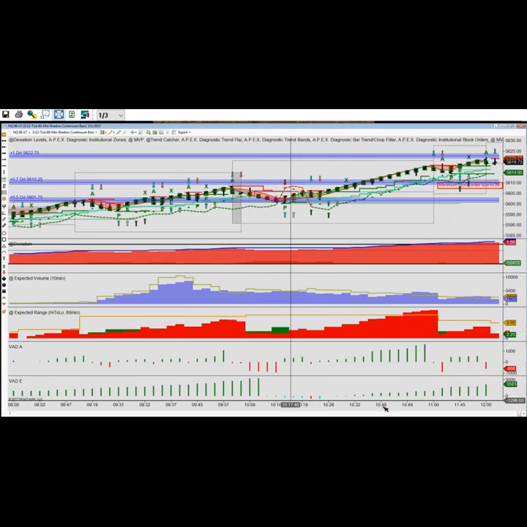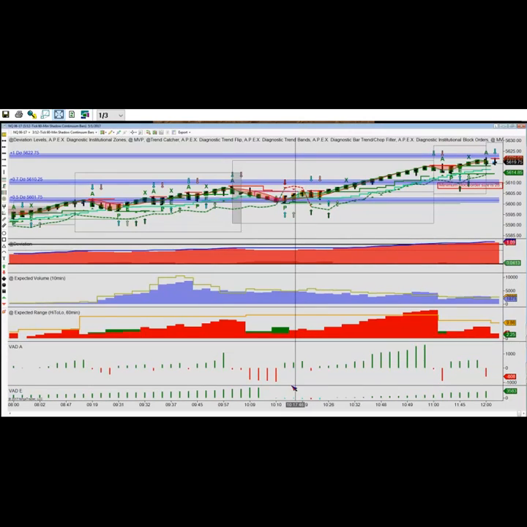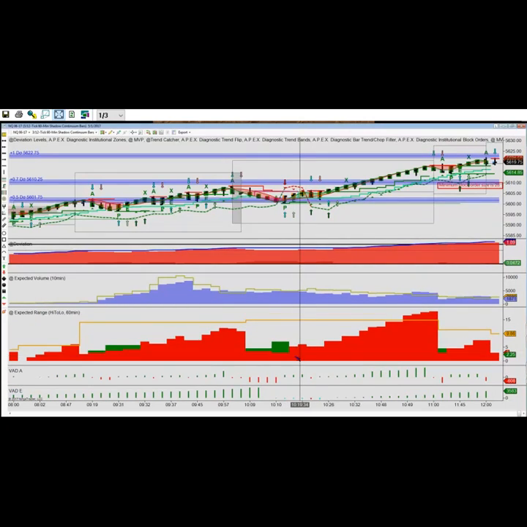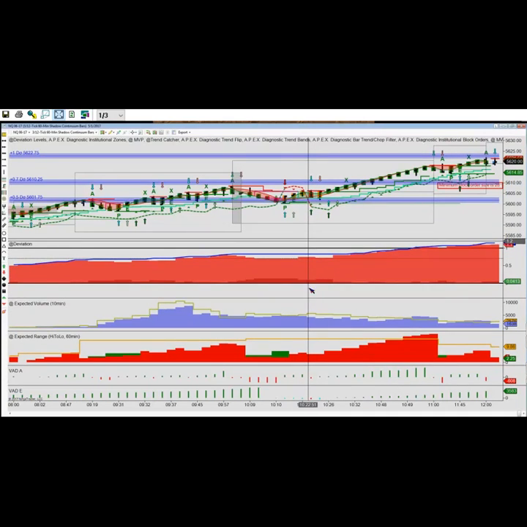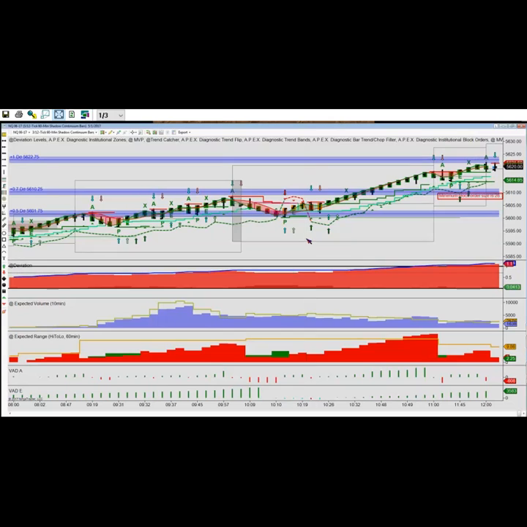So there's so much to it, and that's one of the reasons why I'm personally not big into Autobots. I'm not saying I don't have anything like that I use occasionally, but as far as actually looking at the charts and trading, you sort of have to look at the chart and trade.